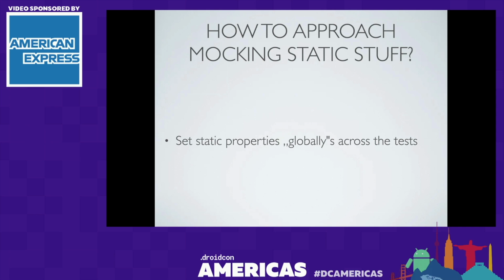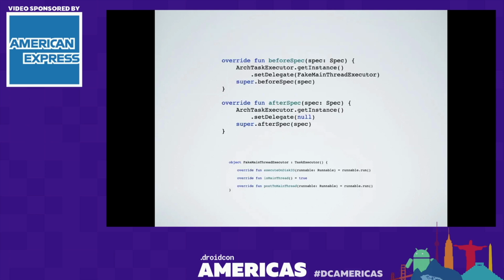Sometimes some static methods are invoked under the hood, just like it happens in LiveData. And one approach to solve that problem of LiveData using the Android main thread under the hood could be delegating the main thread executor in our test and setting its value before we execute our test suite, and setting this delegate to null after we execute all the tests.